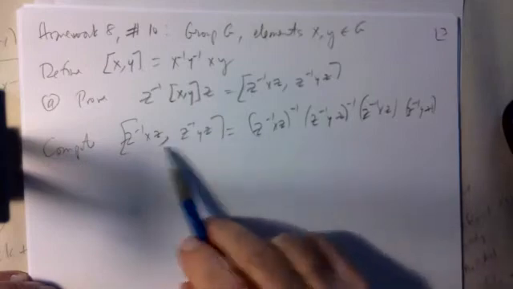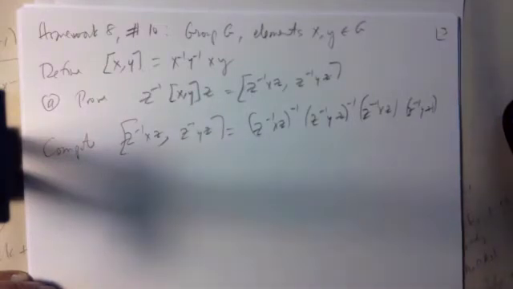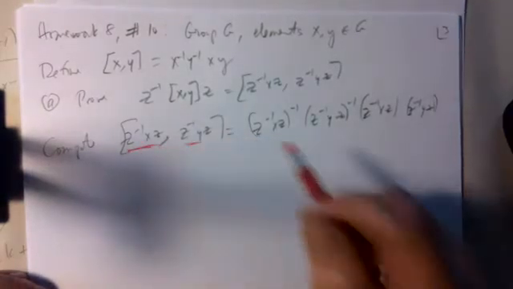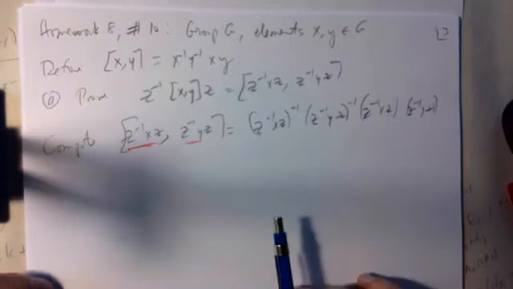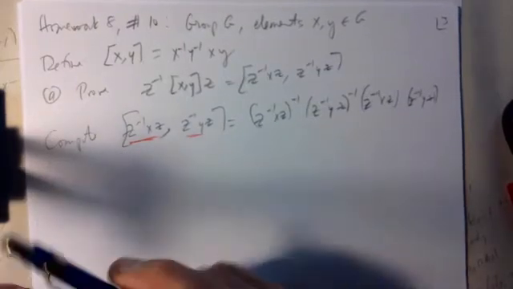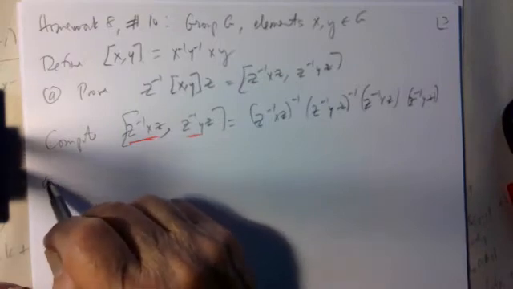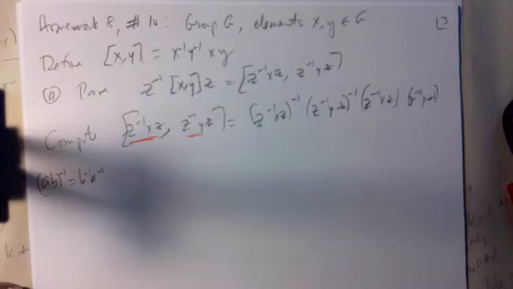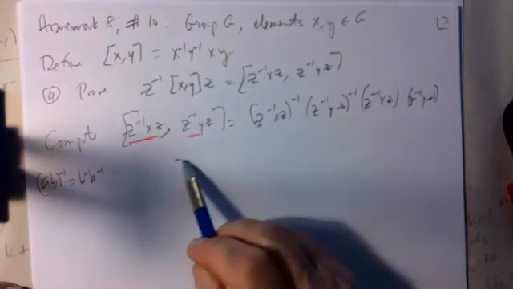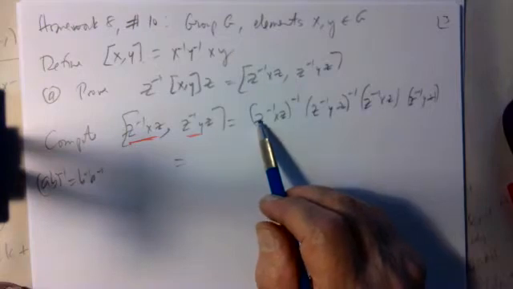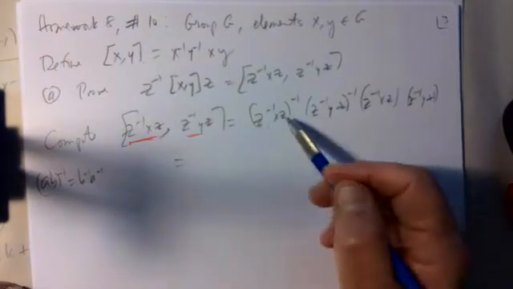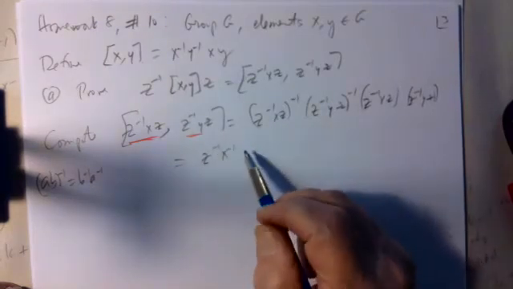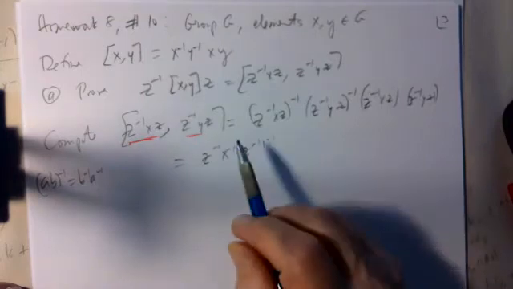This is the commutator of this element and this element. And of course, the basic fact in group theory is that the inverse of AB is B inverse A inverse. You go in reverse order and take the inverse of things. So the inverse of Z inverse XZ is Z inverse, X inverse, Z inverse inverse.